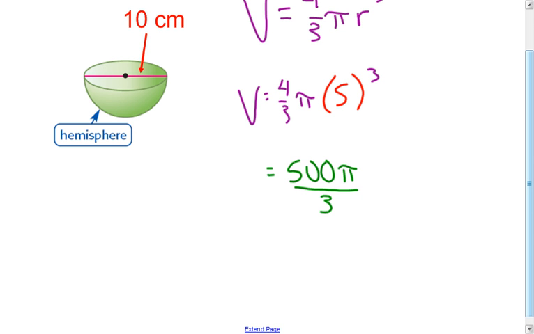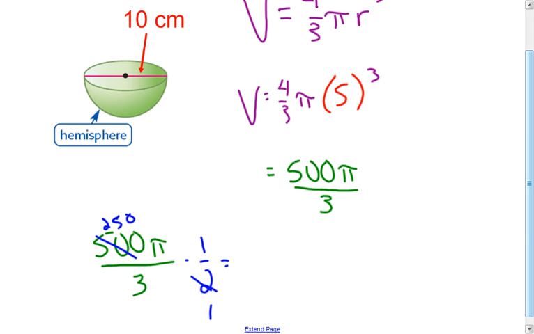Now, remember, I need to take that 500 pi over 3 and divide it by 2, or another way to divide by 2 would be to multiply by a half. So if I do that, the 2 is going to become a 1, the 500 would become 250, and then all we'd be left with is 250 pi over 3 centimeters cubed as an exact answer.